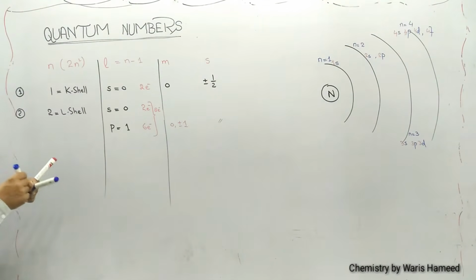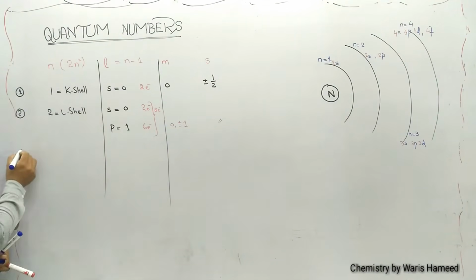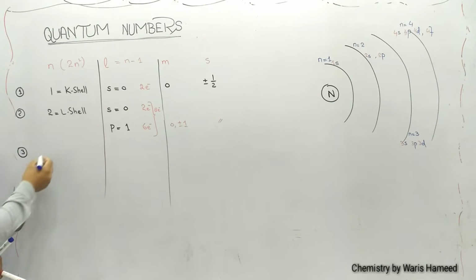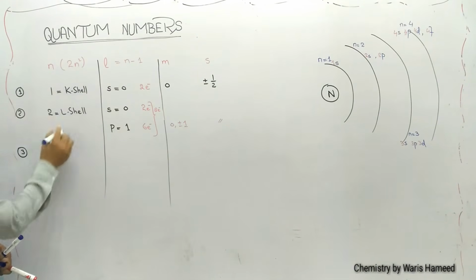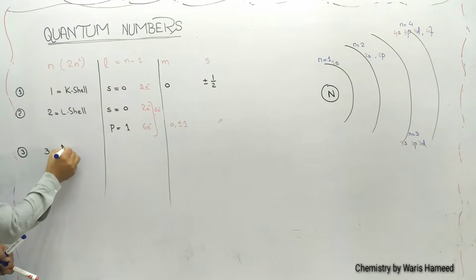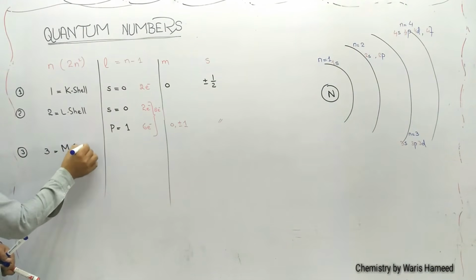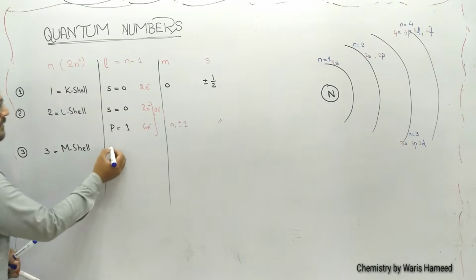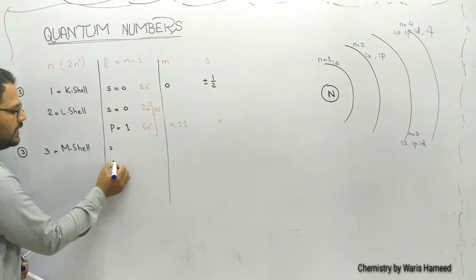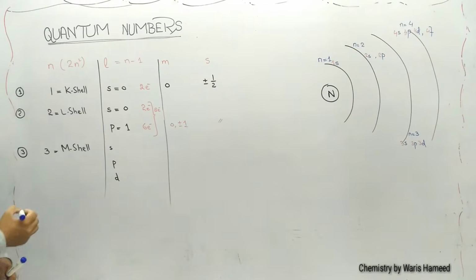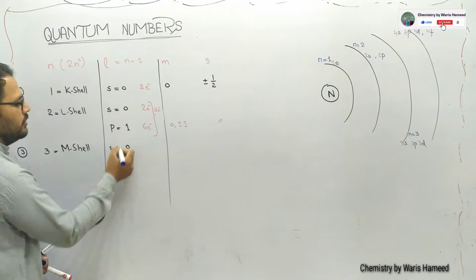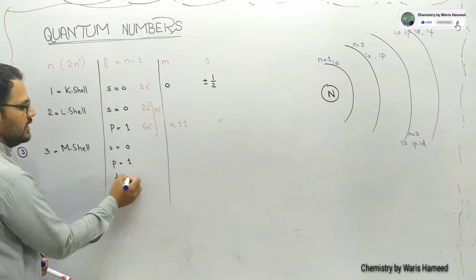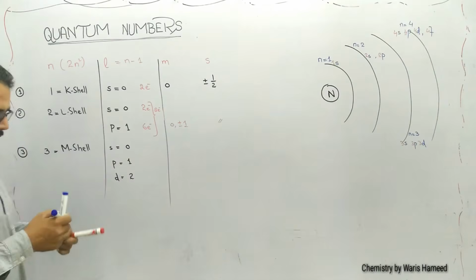In the case of the third shell, if n is equal to 3, then it will be the M shell, and it will have s, p, d. The value of L for s is equal to 0, for p is equal to 1, for d is equal to 2.